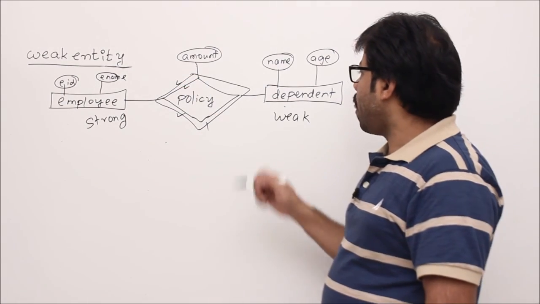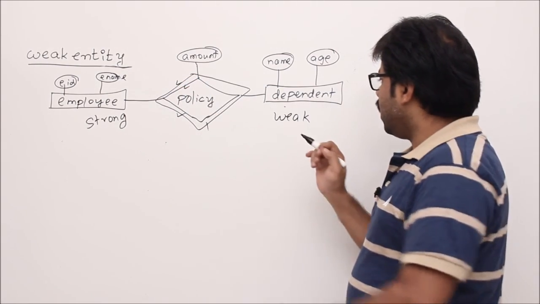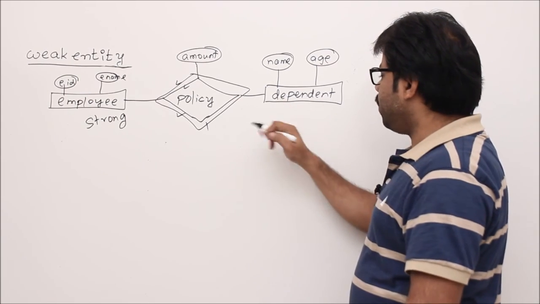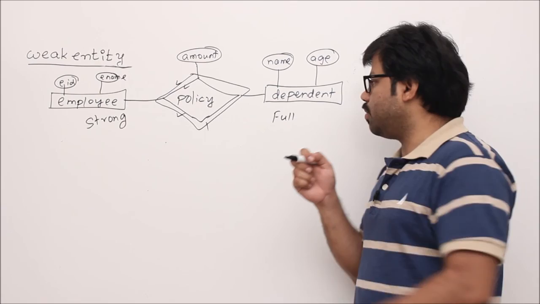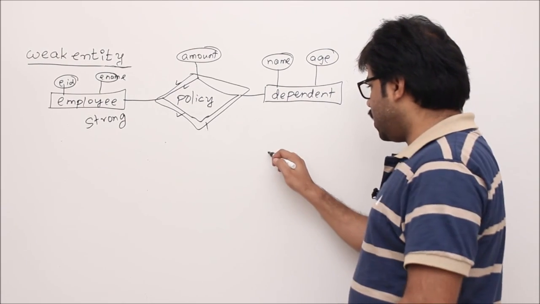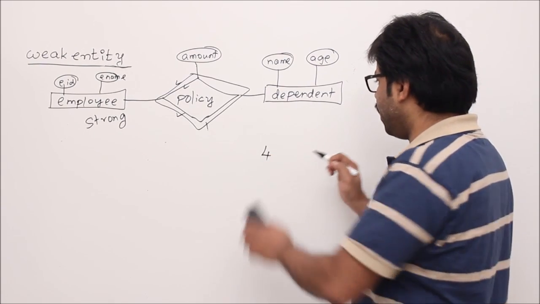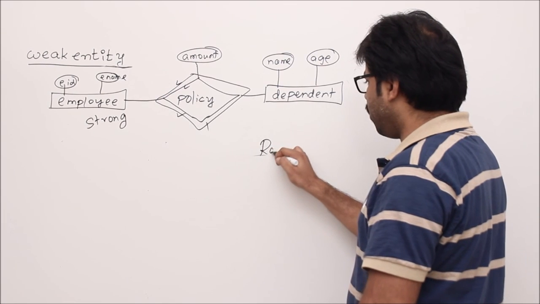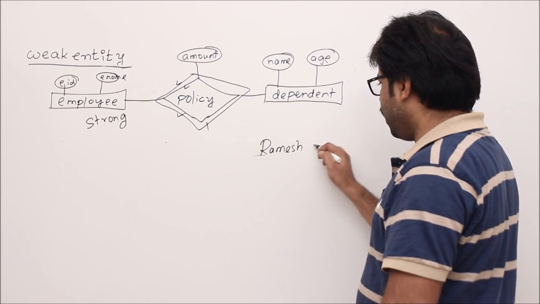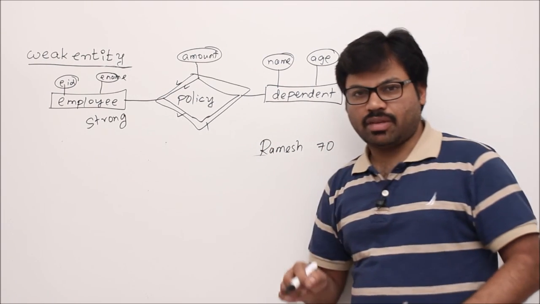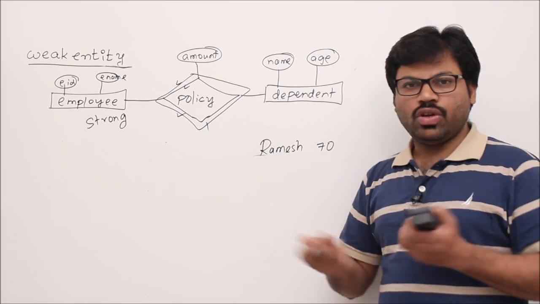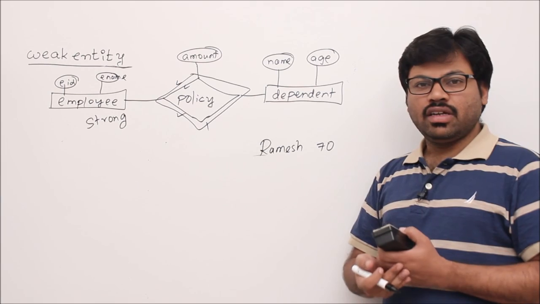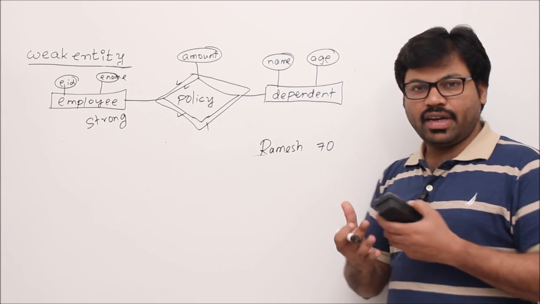Okay, so now one more thing. See, the dependent's participation should be full participation. Every dependent should participate in the relationship. Why? Imagine this situation: there is some person, let's say Mr. Ramesh, and his age is 70. We ask Mr. Ramesh, are you going to participate in the relation? Then he says no. If he doesn't participate, that means what? How can he be a dependent of some employee?